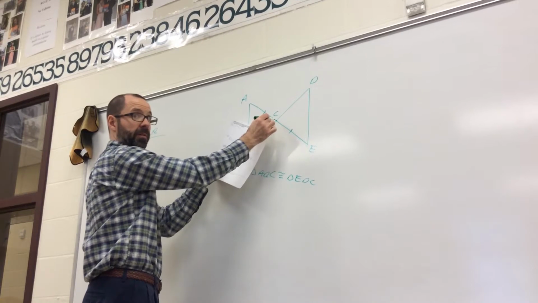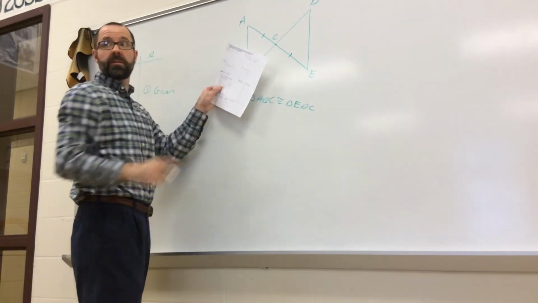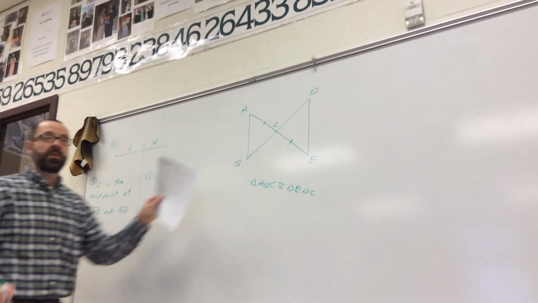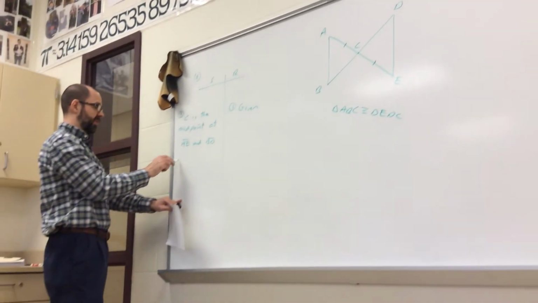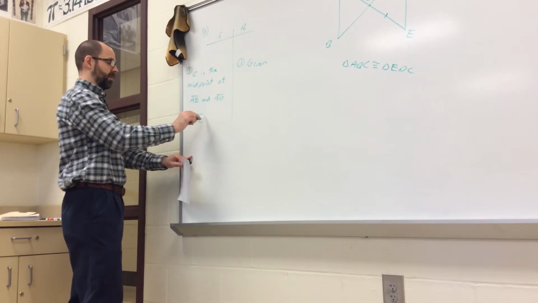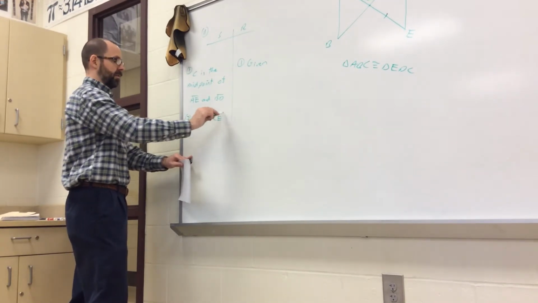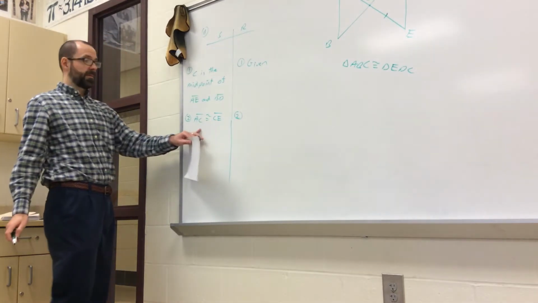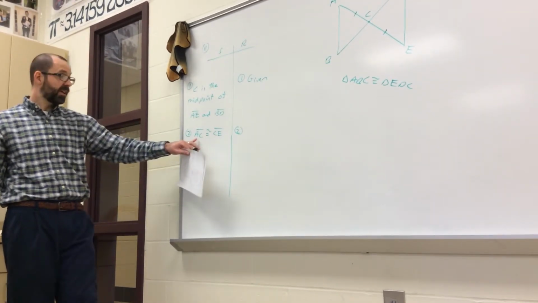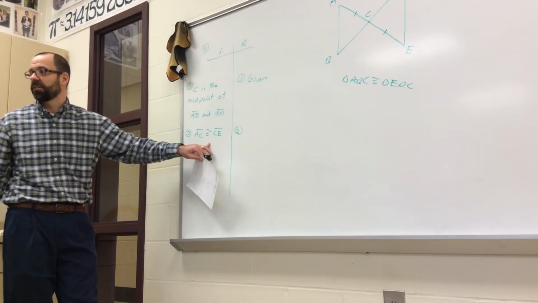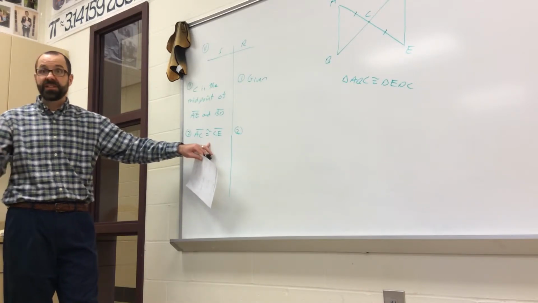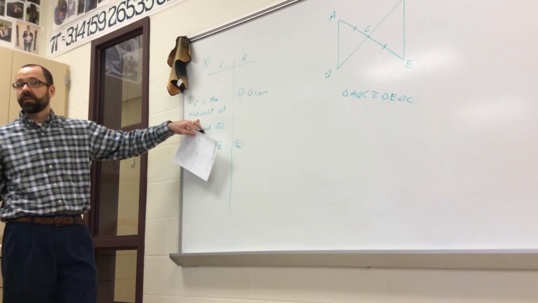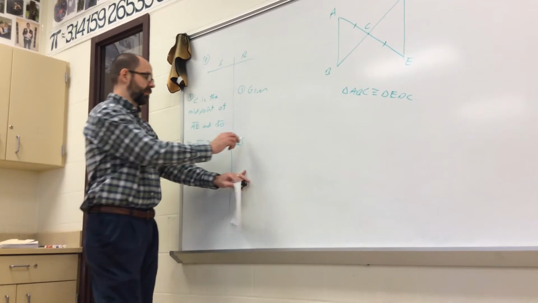If that's in the middle, then that is equal to that. Make sense? All right, so I'm going to write down AC is congruent to CE. How do I know AC is congruent to CE? Because they said it was a midpoint, right? So this word was very important. So definition of midpoint.